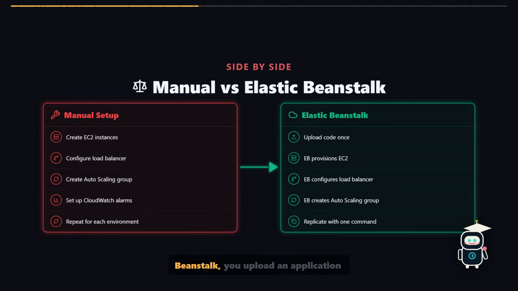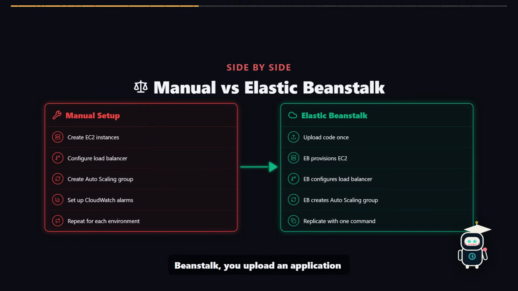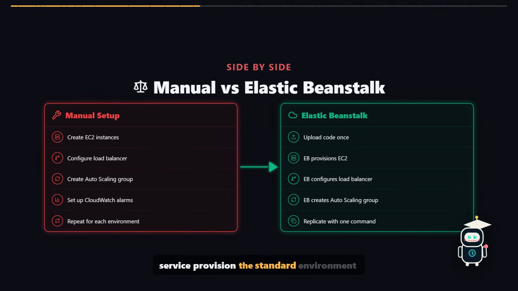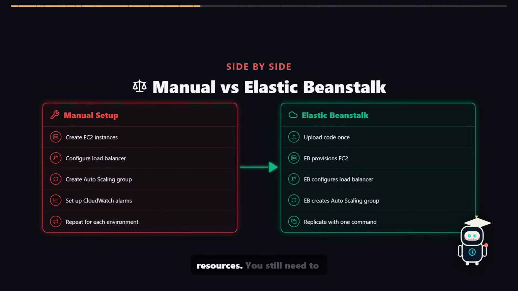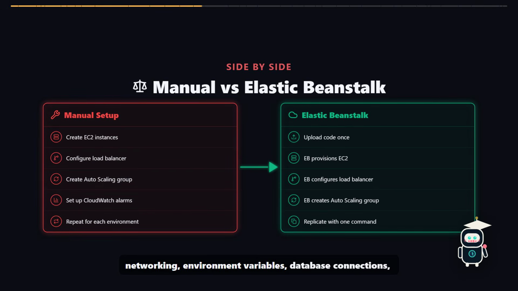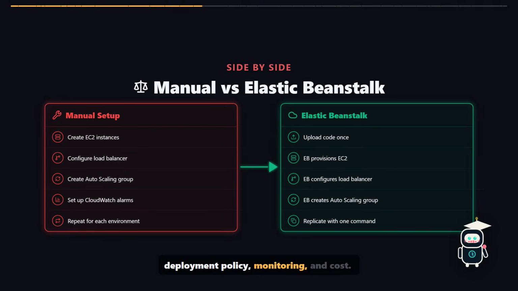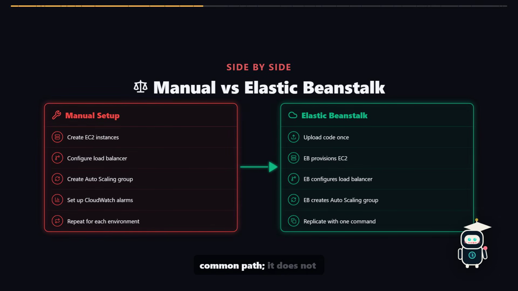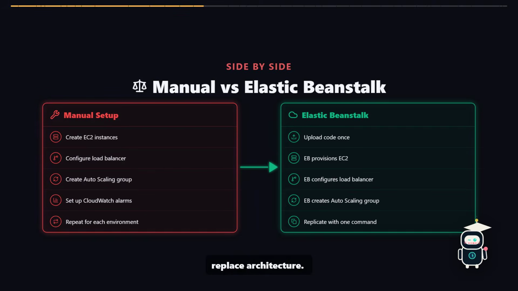With Elastic Beanstalk, you upload an application version, choose a platform and environment configuration, and let the service provision the standard environment resources. You still need to make good choices about IAM, networking, environment variables, database connections, deployment policy, monitoring, and cost. Elastic Beanstalk speeds up the common path. It does not replace architecture.